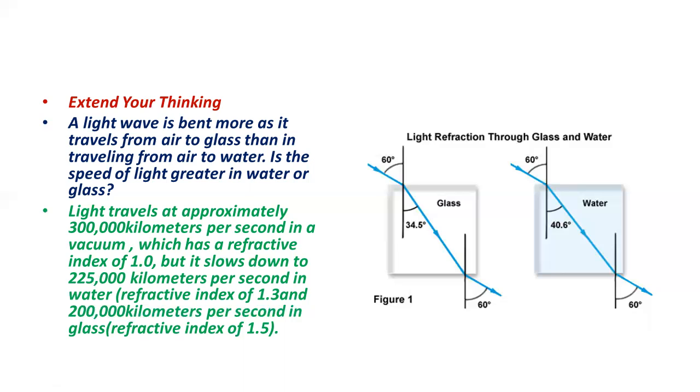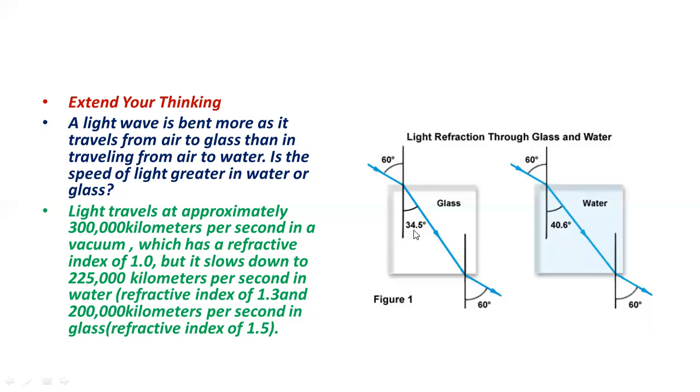So the speed of light is fastest in vacuum, then it is less in water, and the least is in glass, because the refractive index of glass is highest, 1.5. So the speed is lesser. You can see 200,000 kilometers per second in glass. Also you can see here that when light moves from the rare medium into the denser medium, it bends towards the normal.